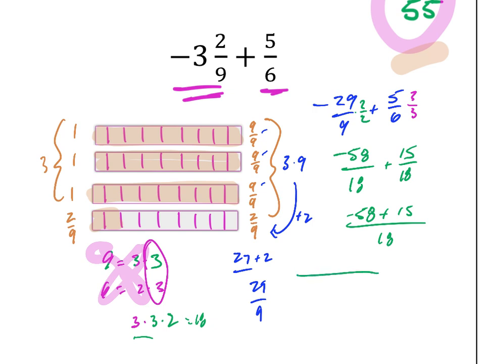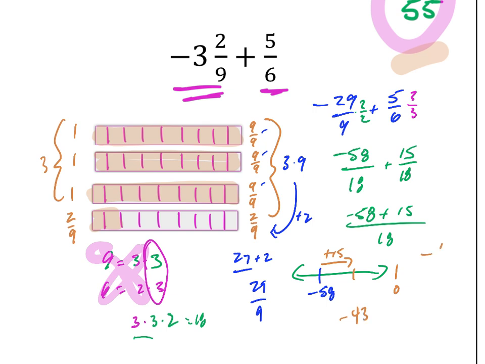Do that on a number line. If I'm at negative 58 and I add 15, I'm going to go to the right. 0 is 58 from negative 58, so I'm not making it there. So I'm going to wind up on negative 43.